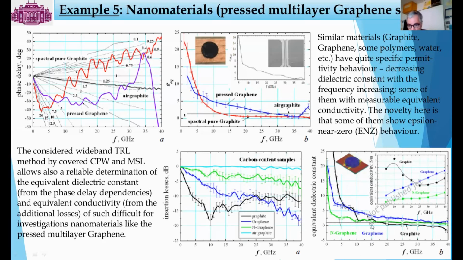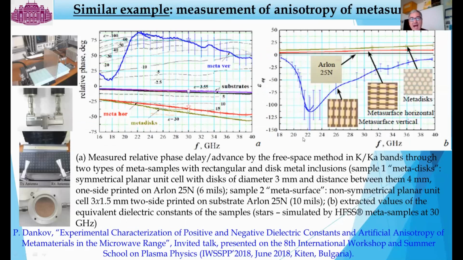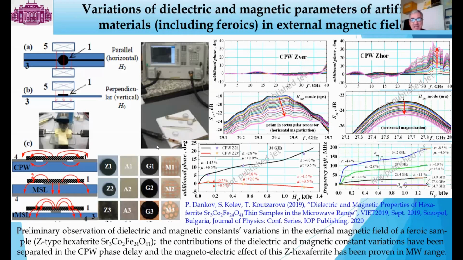And we find out, especially for nitrogen doped graphene, behavior as an epsilon near zero material, dielectric constant near zero. This is also a good metamaterial. Again, this is not published data, but soon we will share this information. And finally, some information on measurement of negative dielectric constant of some metamaterials, so-called magnetoelectric effect, etc.